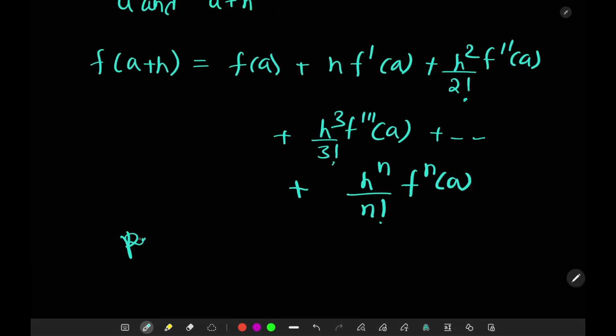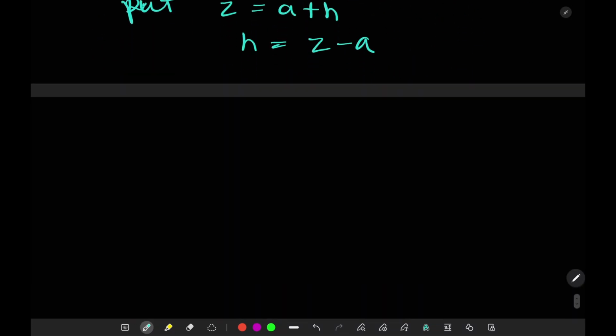Put z = A + H and H = z - A in this equation. We get the value of f(z).